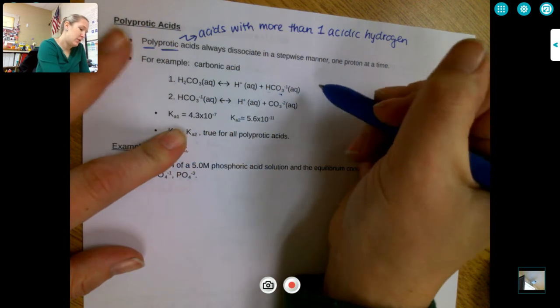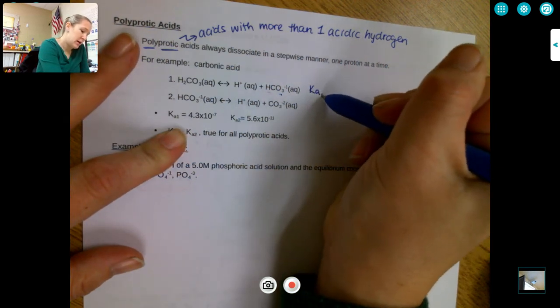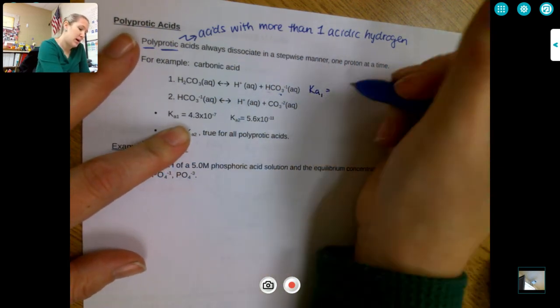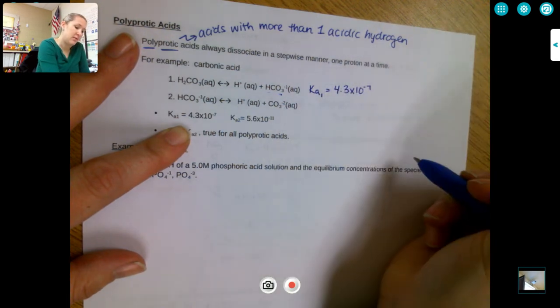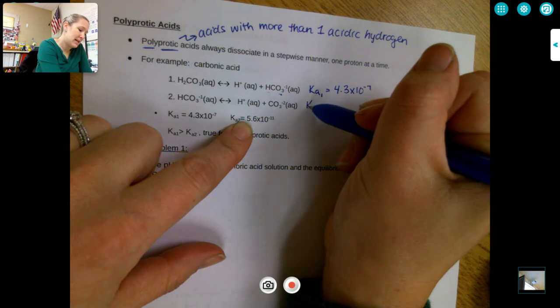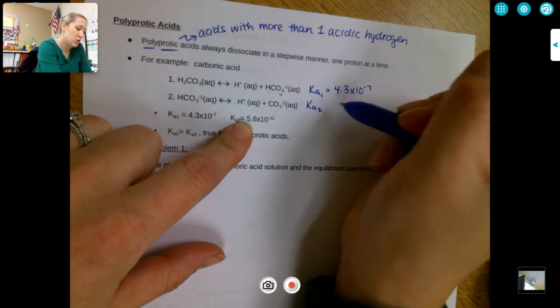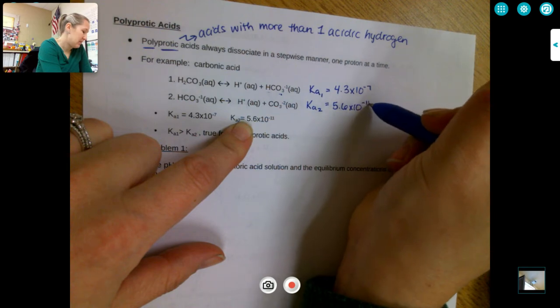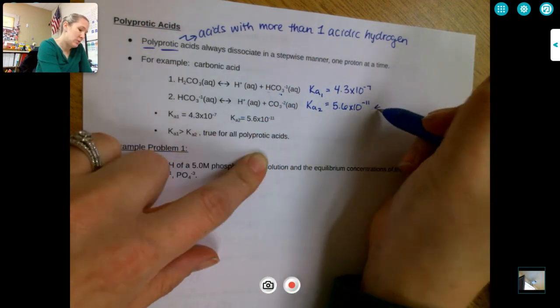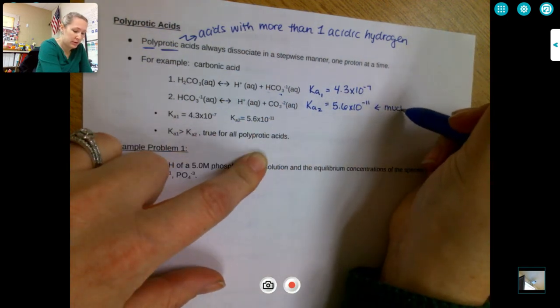For this first one, our Ka of my first hydrogen popping off is 4.3 times 10 to the negative 7. For my second hydrogen popping off, my Ka2, it's 5.6 times 10 to the negative 11. We can see that this one is much smaller.